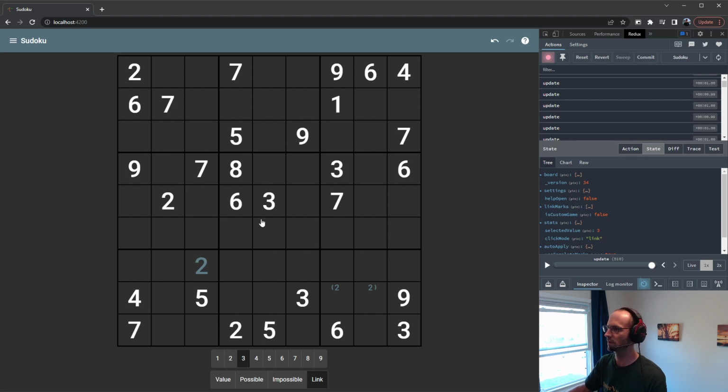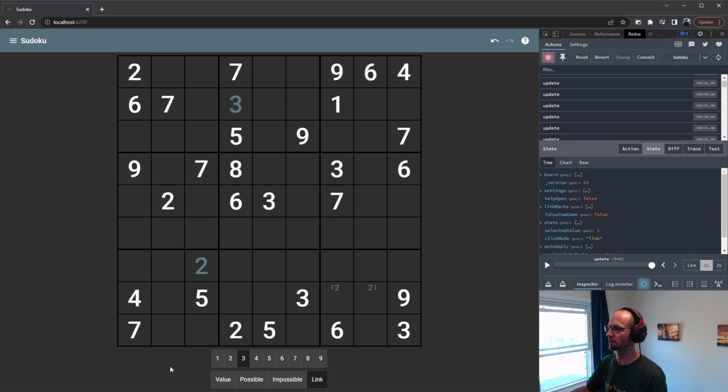3. And I would love if anyone wants to educate me on more efficient ways to do the Snyder. Like I'm thinking of one digit at a time. Maybe I should be looking at one block at a time, or I don't know, something like that. So we've got a strong link on 3s.